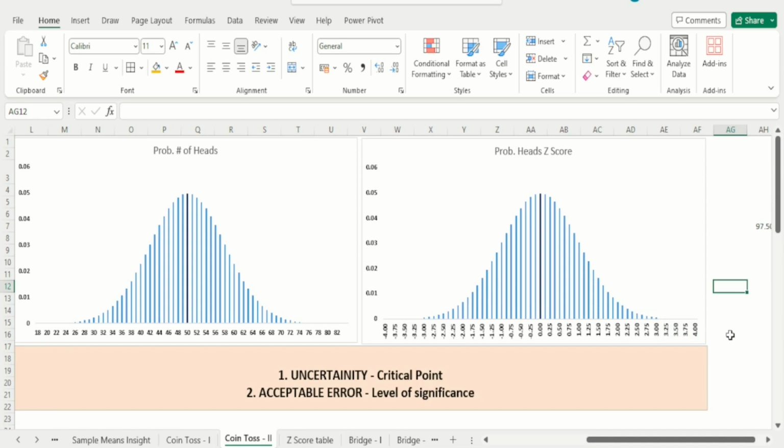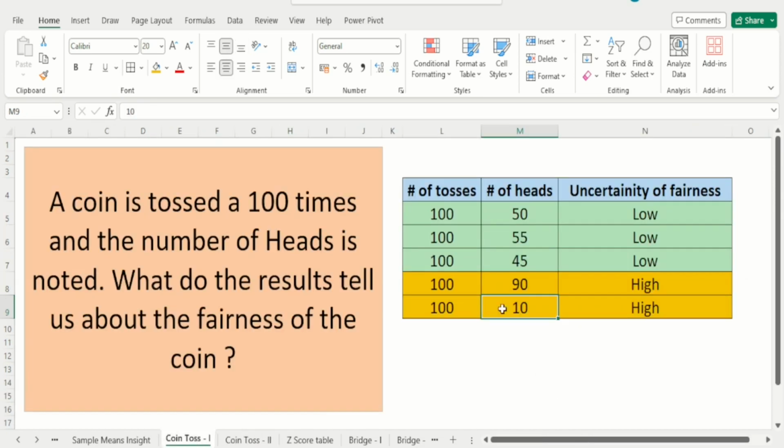So with this, what we now have to understand is at what point we should start entertaining doubts of fairness. If you recall the previous page, we said that if I get 90 heads, then I'm going to be highly uncertain of the fairness. If I get only 10 heads, again I'll think this is not a fair coin because it is tail biased. So this one will be head biased and this one will be tail biased, right?